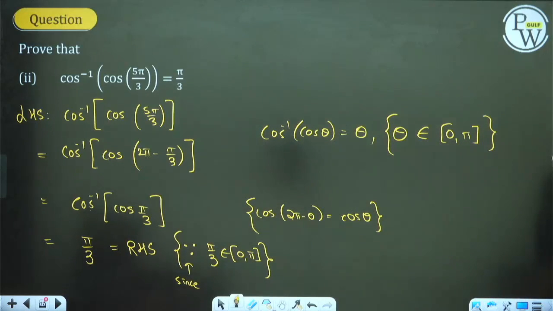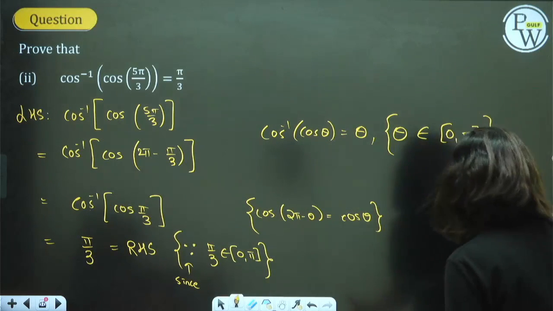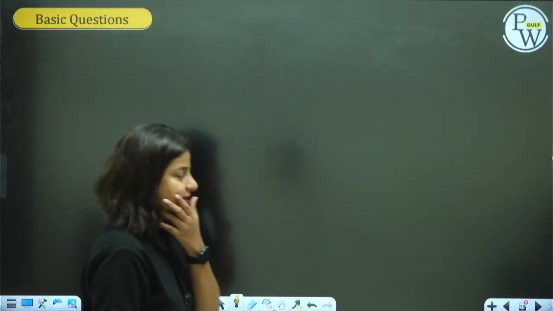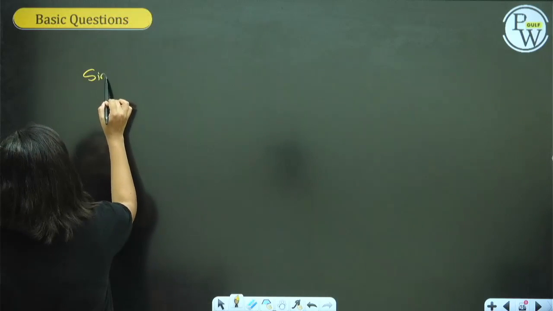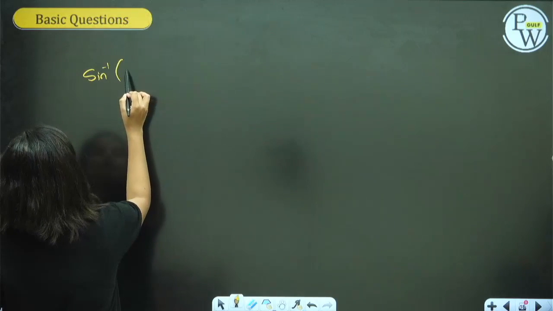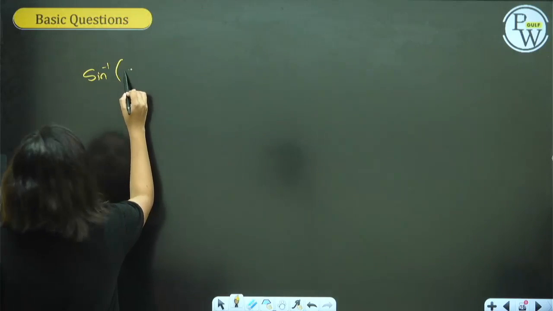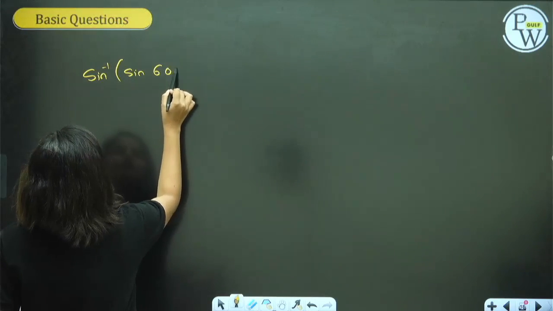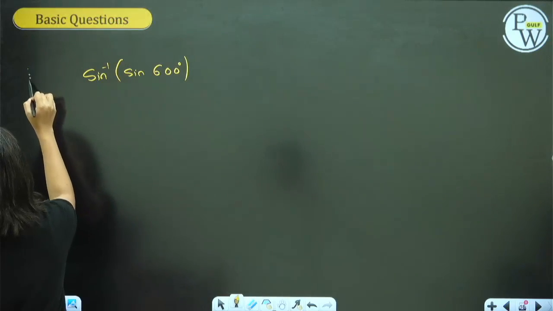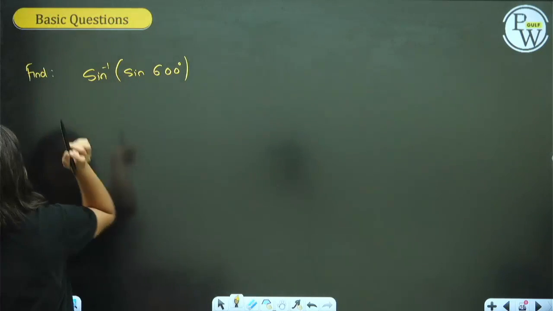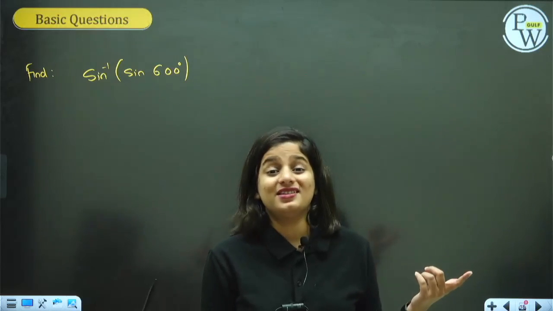After this, I will be taking a few more theoretical parts and then questions. Couple of more basic questions. Let's say you have sine inverse of sine of 600 degree. Okay, find out or solve the value of sine inverse of sine 600 degree.